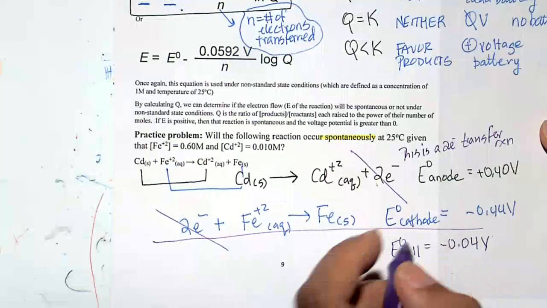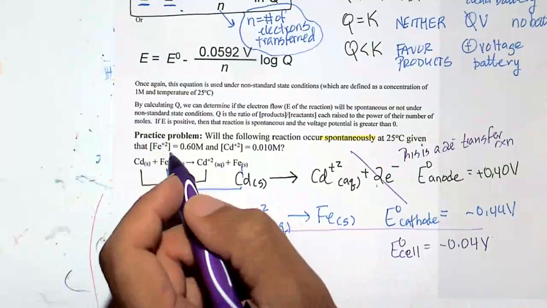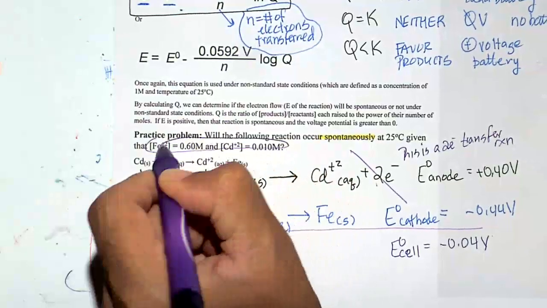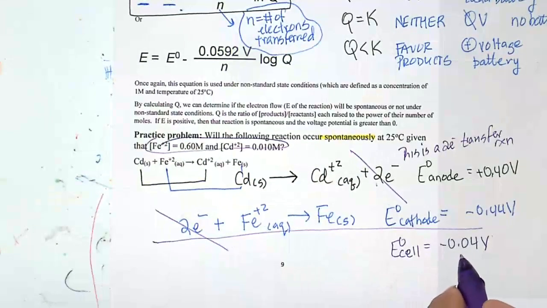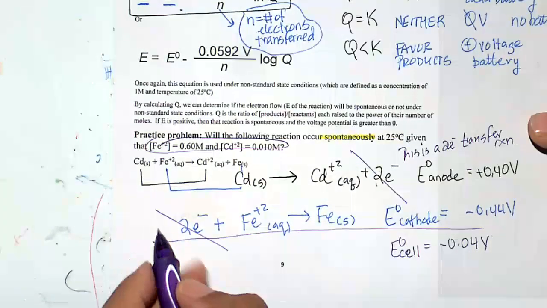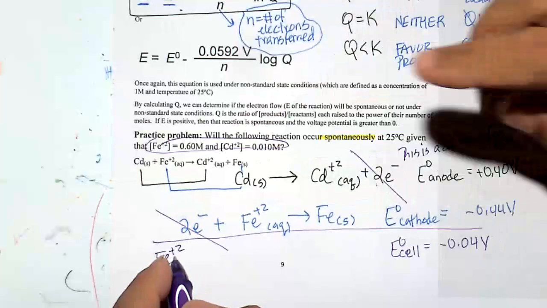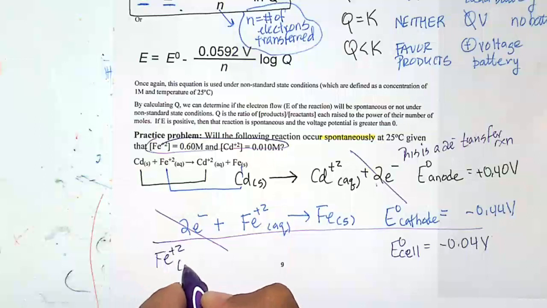This is non-spontaneous under standard state conditions, but we're not under standard state. We're under these conditions. But under standard state, this would be negative and not a battery. All right, our net reaction is going to be this. We just broke it down to anode and cathode.